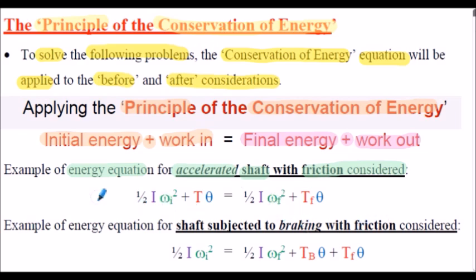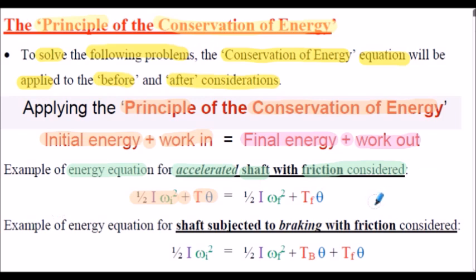So we need to think of the initial energy. If the shaft or the disc is rotating, it will have kinetic energy of rotation, so that's the half I omega i squared. If the shaft is being accelerated, then there must be some work into the system. So on the left-hand side, we'll add the T theta for the work into the system.